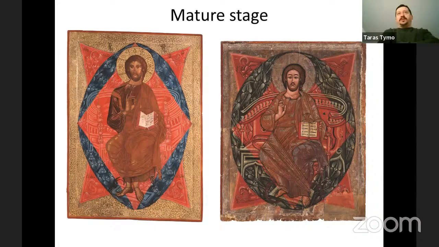Here are a couple of examples of this iconography in its mature stage, when it was finally formed in the late Byzantine period. And you can recognize Jesus practically identical with the Pantocrator, because he is represented in his portrait-like appearance, identifiable as Jesus, with the cross halo, with the inscriptions on the cross halo, with blessing gesture, always an open book, almost never closed, because this is the judgment moment, so the book is open.